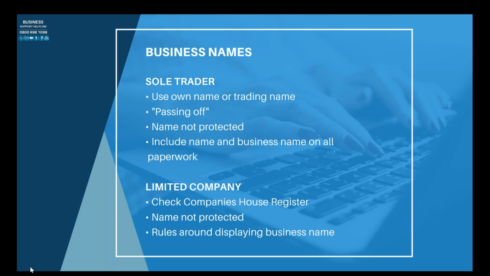Whether a sole trader or a limited company, you can choose to register your trademark to protect your brand, for example, the name of your product or your service. As with anything, you will need to balance the cost of applying to register your name as a trademark against the advantages of registration. Essentially, registering a trademark is the highest level of protection for your trading name and can be considered irrespective of the structure that you choose.